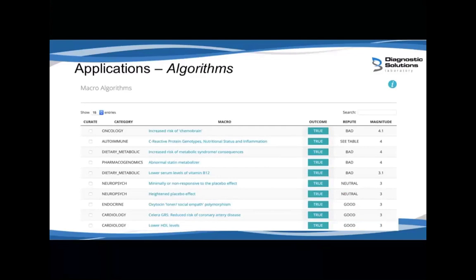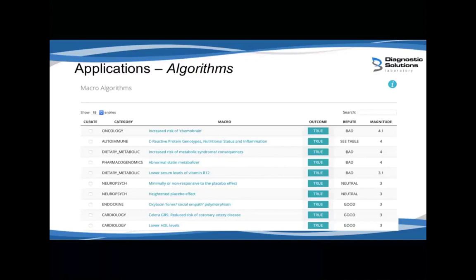One of our next applications is called algorithms. What an algorithm does is it takes either multiple genes or multiple SNPs and fits them into a clinical scenario. What do I mean by that? There are types of studies out there called GWAS studies, genome-wide association studies. They'll look at a cohort of population that had these SNPs in common, and ask which diseases these people have in common.